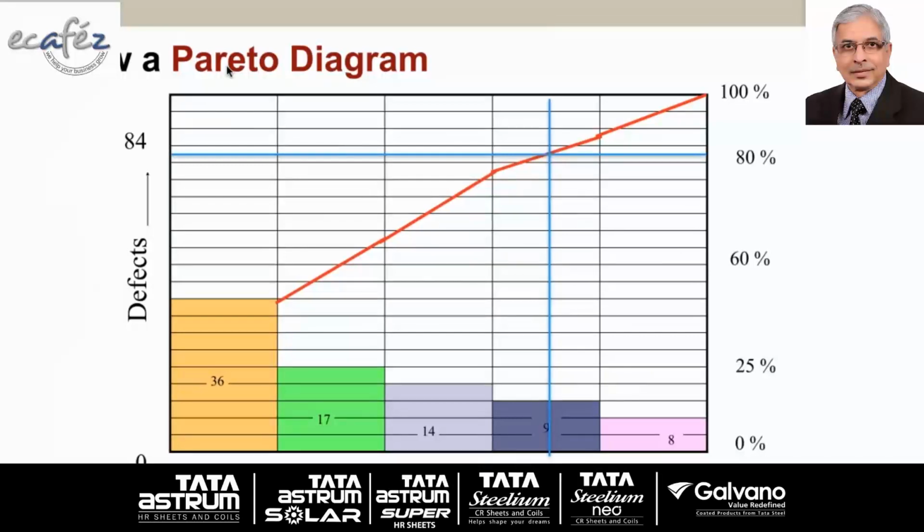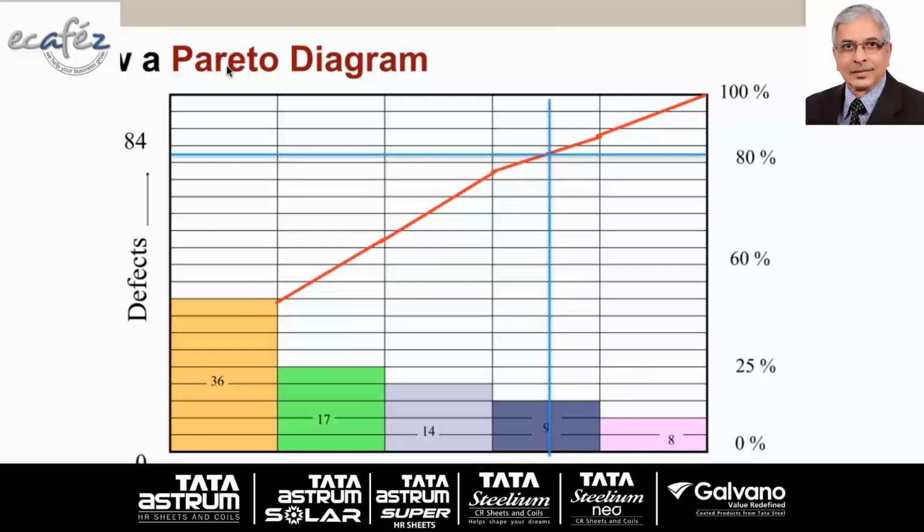Means these are the critical problems: age of bread, thermostat failure, time setting. These are causing the 80% of defects. So this way, if you can just control these 3-4 parameters, 80% of problems can be solved.